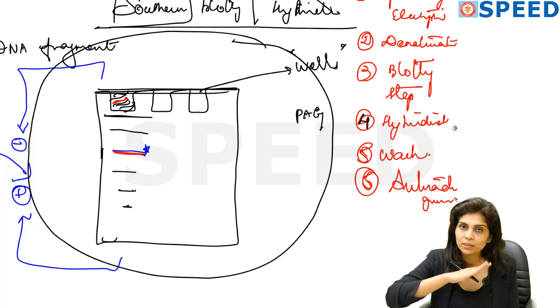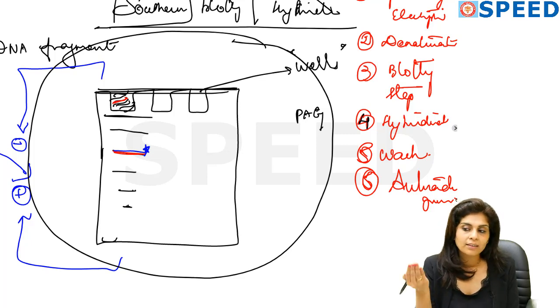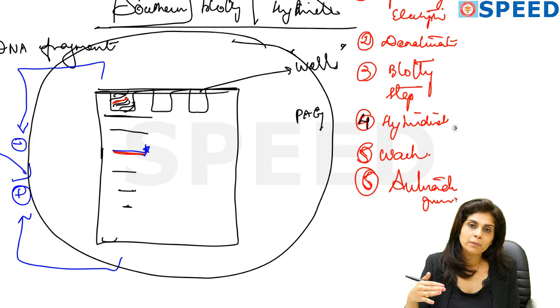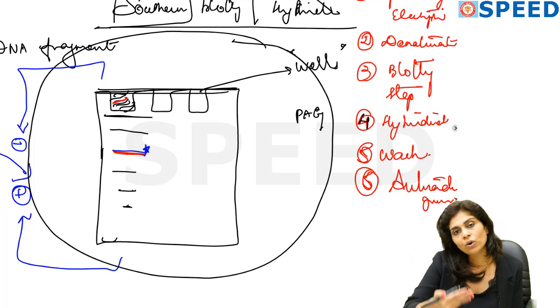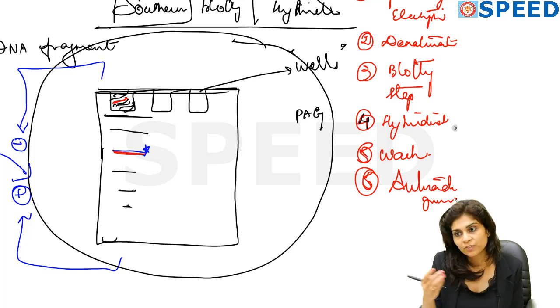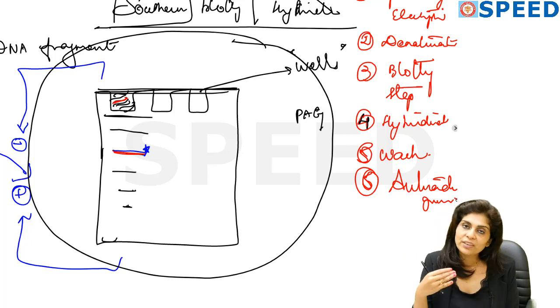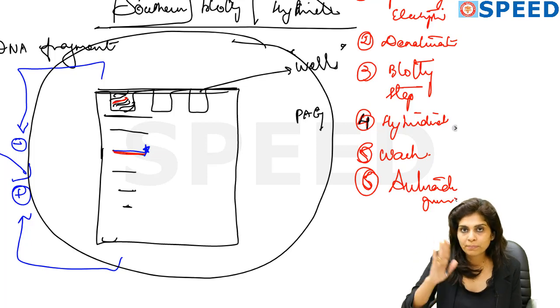After blotting, you dip the paper in a solution containing radio-labeled probe, during which time these radio-labeled probes try to hybridize with the bands if they have complementary sequences. After they find the fragment with complementary sequences, they hybridize. So the fourth step is called the hybridization step. And after you give enough time for hybridization, you take out the paper, you wash away excess unbound probe, and you expose the paper to X-ray.